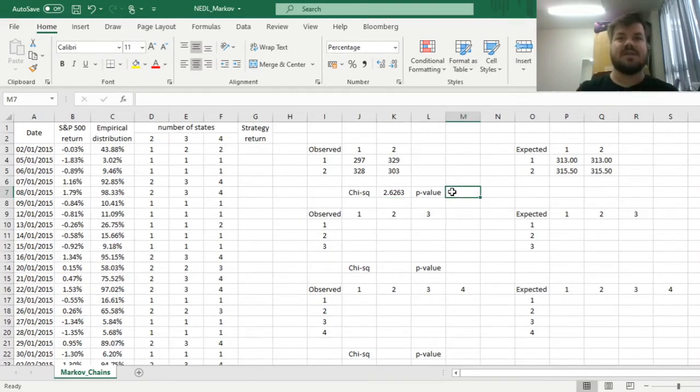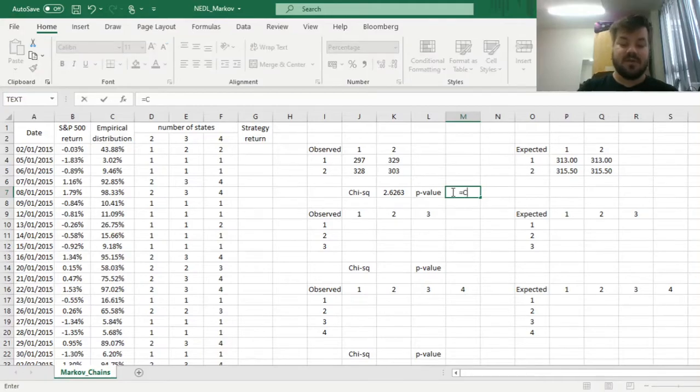How significant is this chi-squared stat? Well, to do that, we have to apply the chi-squared right-tailed distribution, input the value of the chi-squared statistic as our x, and the number of degrees of freedom would be the product of the number of rows minus 1 and the number of columns minus 1. Here we've got 2 states, 2 columns minus 1, times 2 states, 2 rows minus 1. So simple as that.